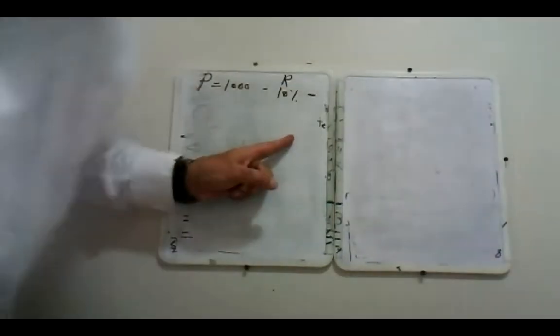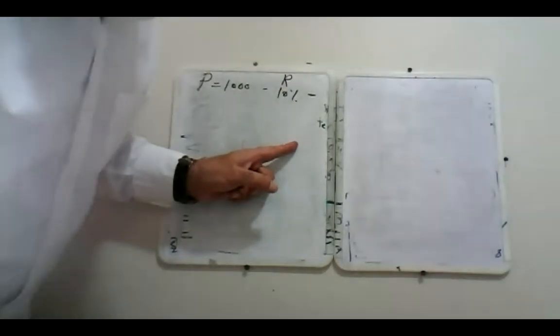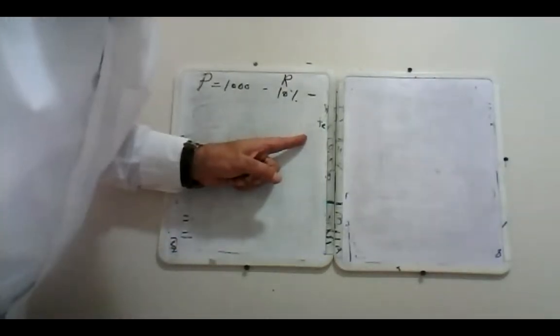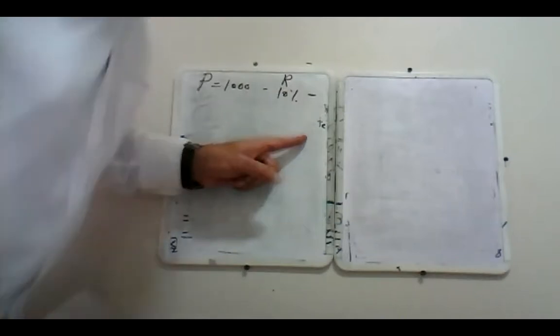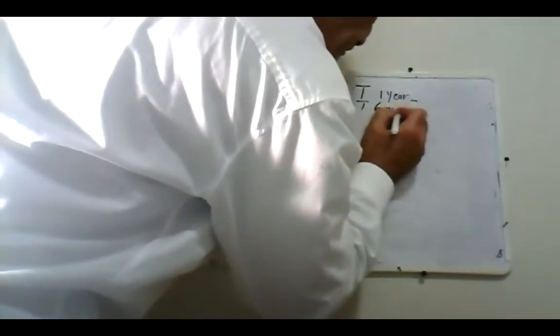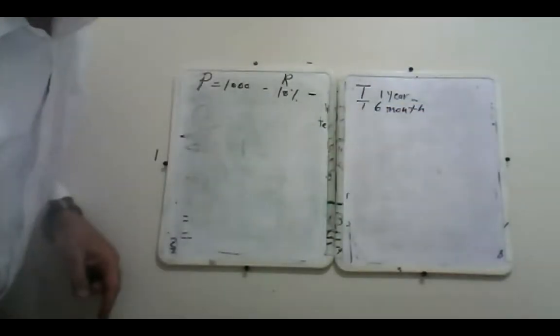I want to calculate it once with simple and once with compound rate, if the time was 1 year, or the time is 6 months, and if the time was 3 years.